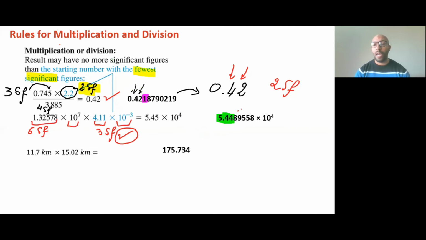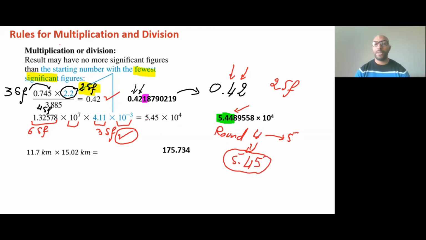Check the number after the last significant figure. We have 8, and 8 is greater than 5. So what will we do? We have to round the 4 up to 5, and the result will be 5.45.